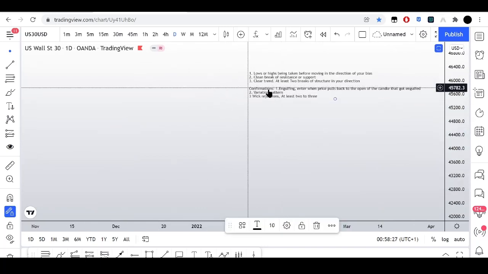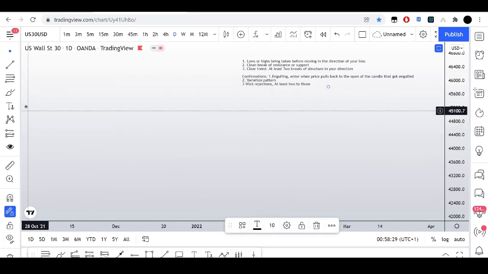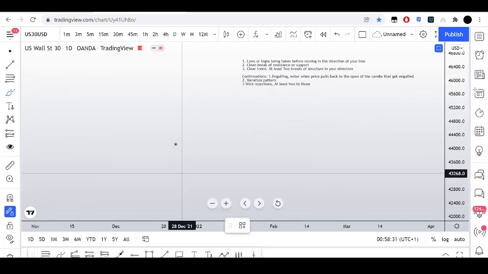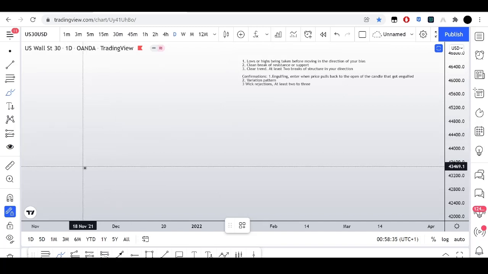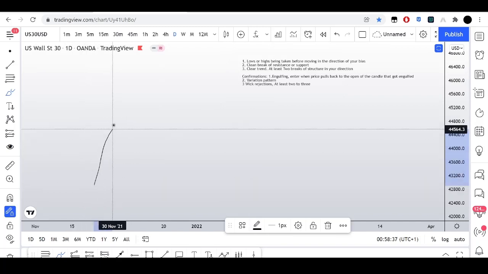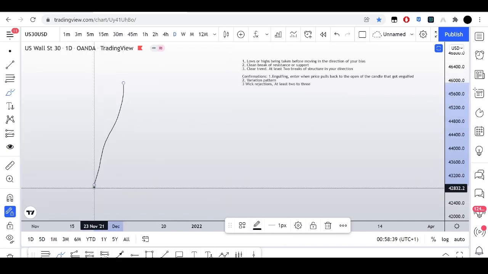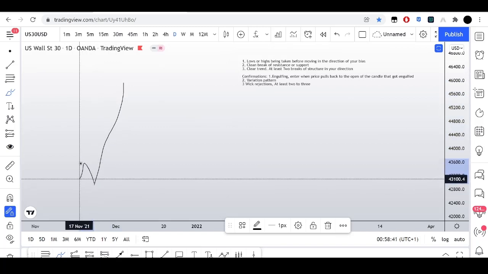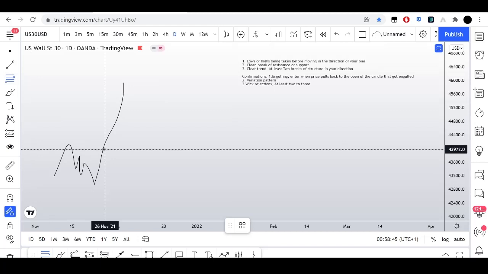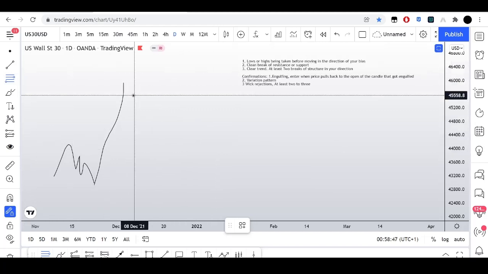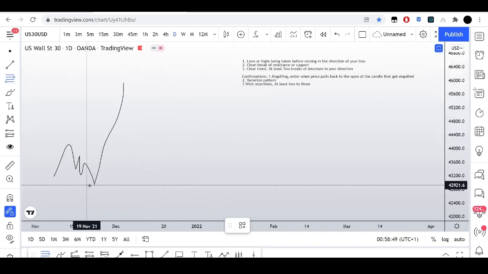Actually, I forgot one more thing. It's more of a confluence mainly that you want to look for. So let's say you have from this low to this high, a move like this. Now there's this thing called premium and discount. It's basically a fib from low to high.